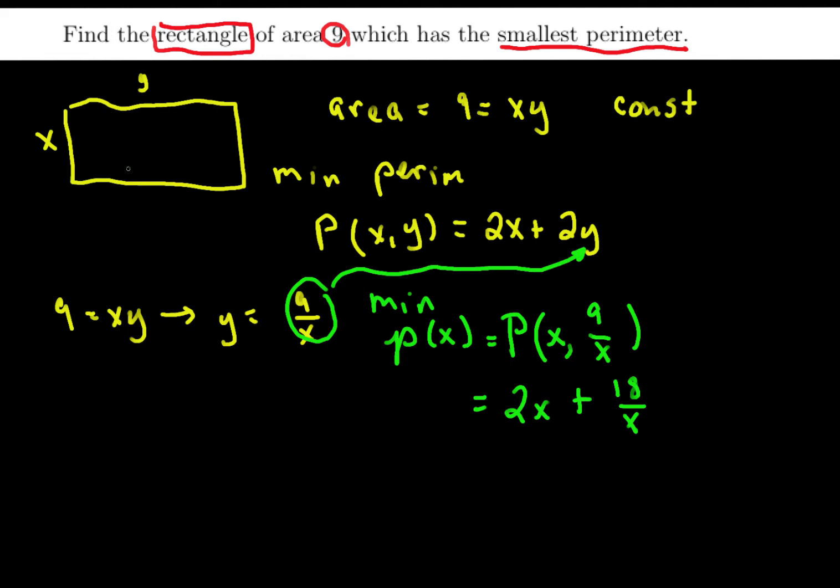Do we have all our constraints? Well, another constraint would be that for this to actually have area 9, neither x nor y can be 0. So x has to be bigger than 0, y has to be bigger than 0. This right off the bat says we have no endpoints, so all our minimum will happen in the interior.